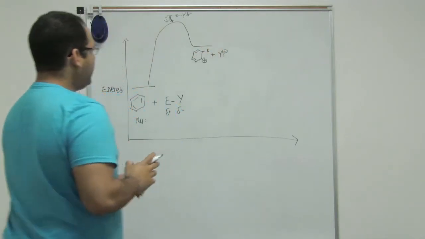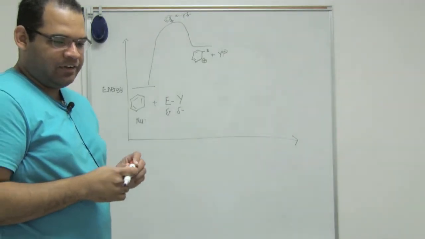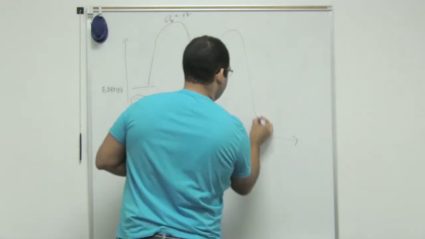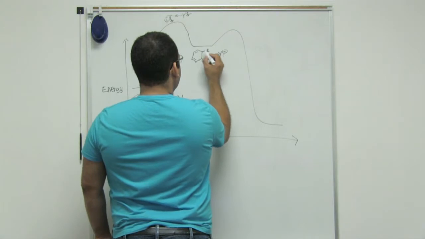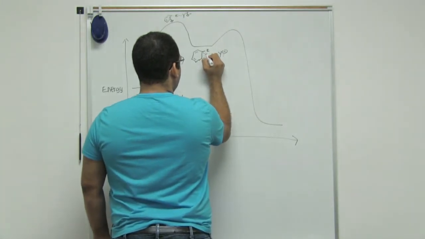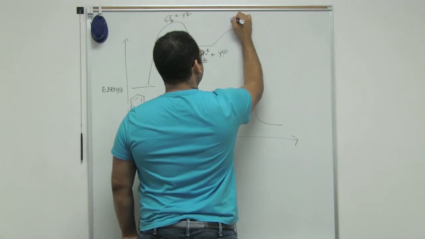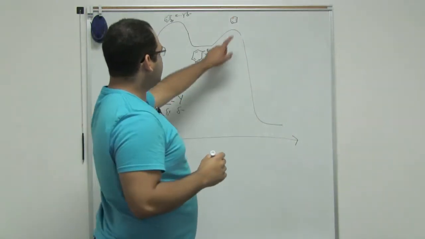So this is my carbocation, the cyclohexadiene cation. In the next step, we have this guy working as our base. Here we can show the restoring of the aromaticity.